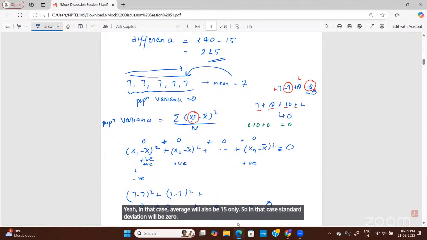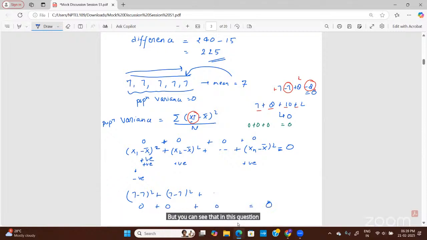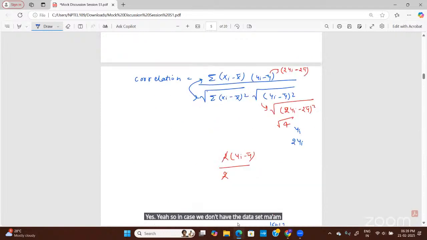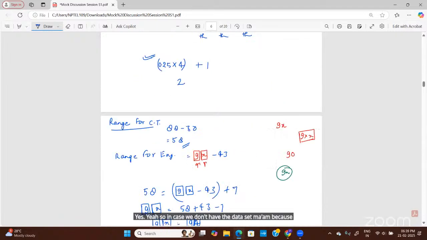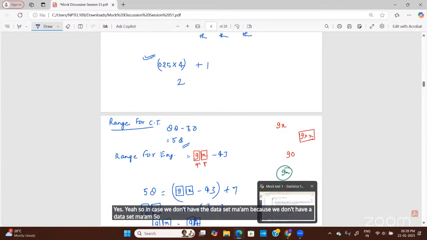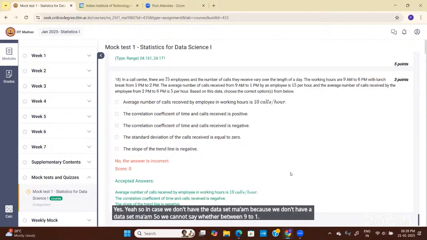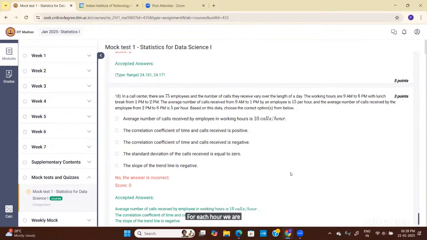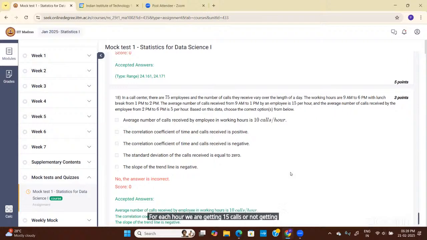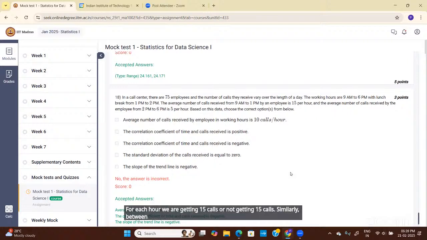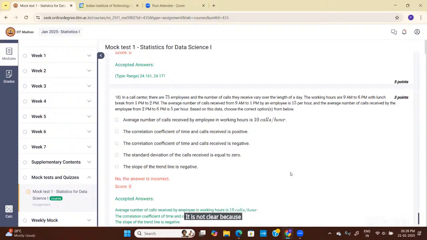But you can see that in this question, it is not the case, ma'am, because we don't have the data set. If we don't have the data set, we cannot say whether between 9 to 1 for each hour we are getting 15 calls or not. Similarly, between 2 to 6 for each hour we are getting 5 calls or not. It is not clear because of the absence of the data set.